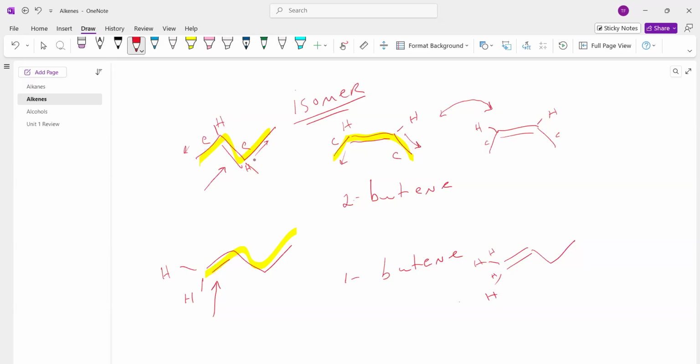Double bonds are all rigid about the double bond. So we have to distinguish whenever we have an alkene whether there is an isomer. So down here, if these H's are equivalent, this is always the same way to draw it. So there's no isomer here.